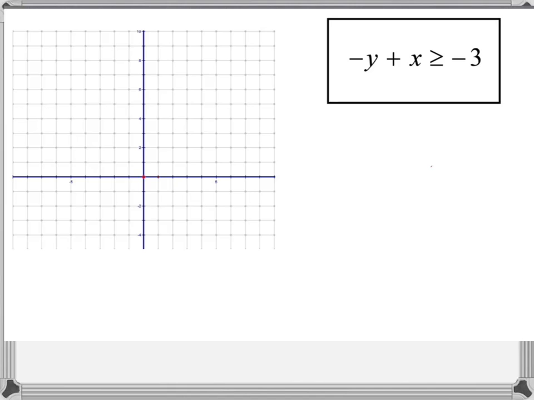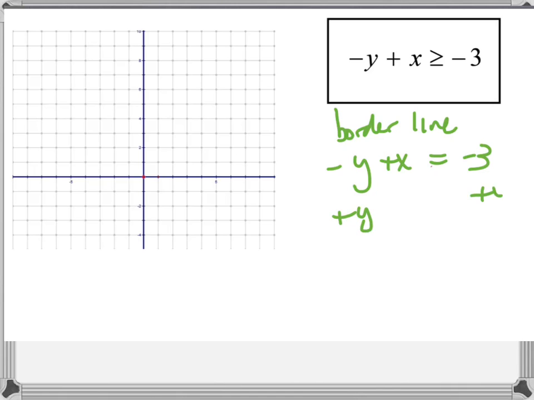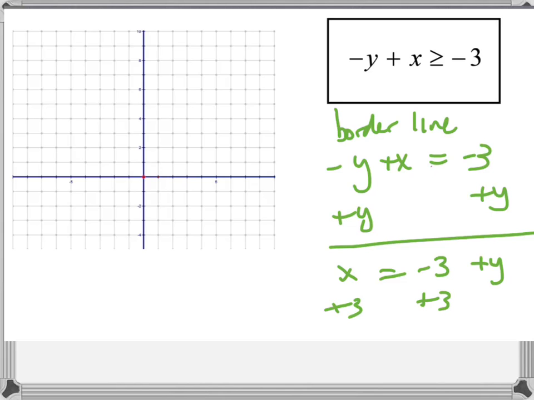Okay, the next one here is negative y plus x is greater than or equal to -3. So the border is, I'm going to proceed to put it into slope-intercept form here. Okay, so it crosses at negative 3, and then it has a slope of 1.